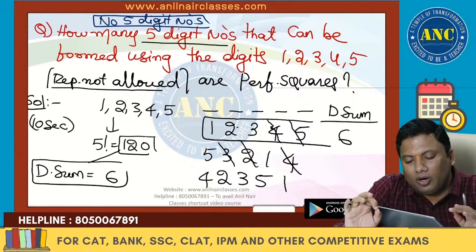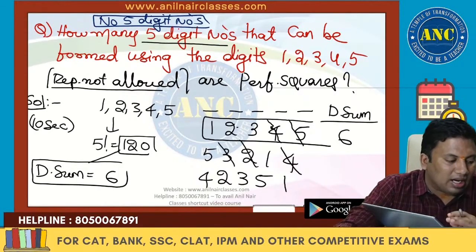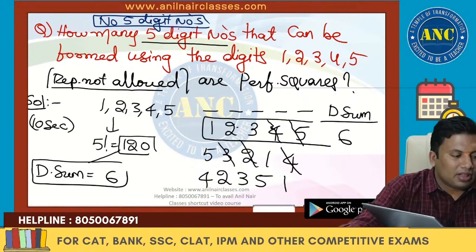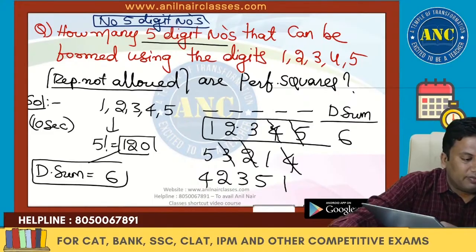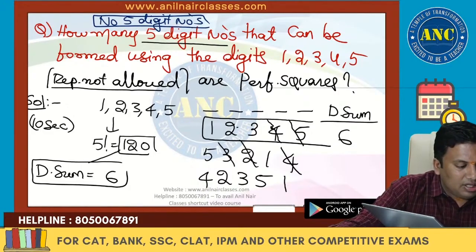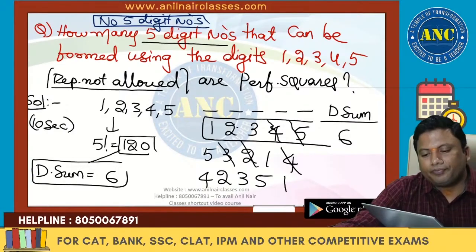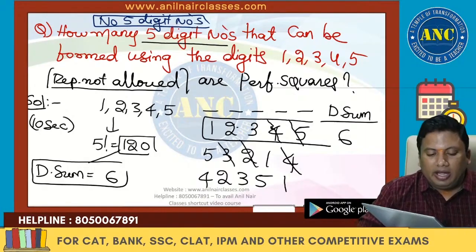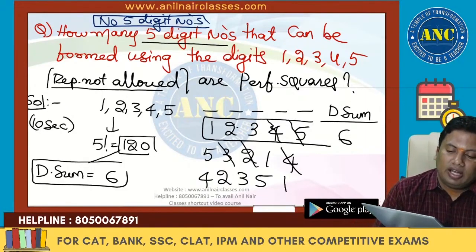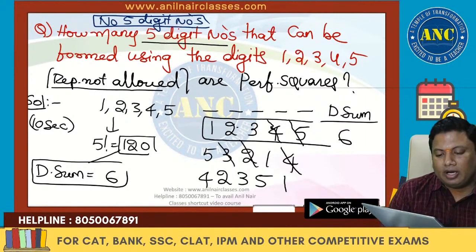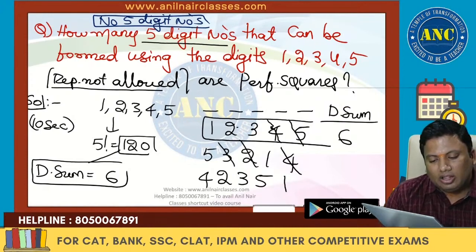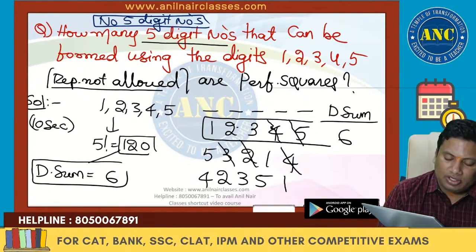I hope you have understood this concept clearly. Everybody, kindly reply in the live chat if it is clear to you. These 5 digits can come together in 5 factorial, 120 ways.